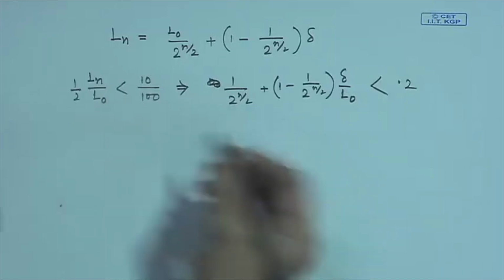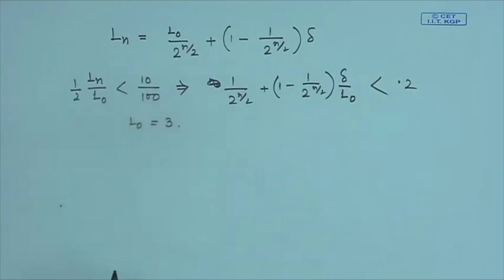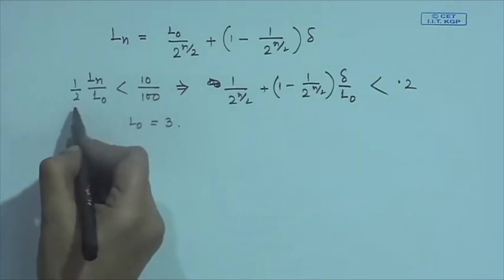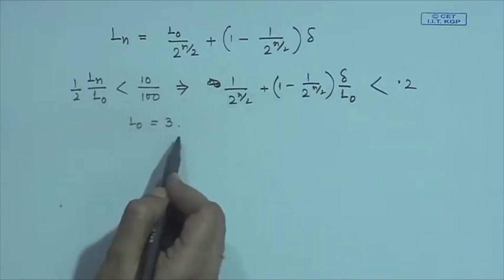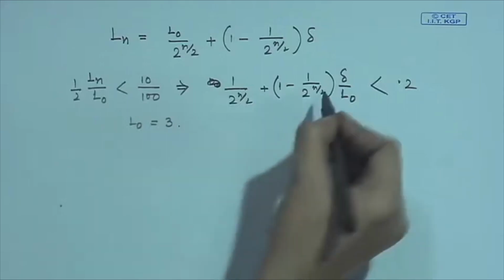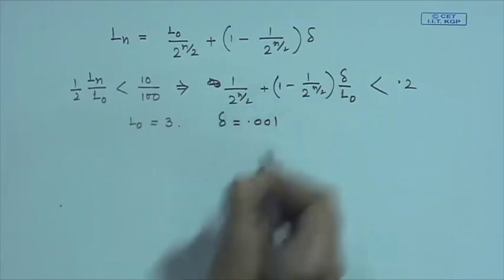For the given example, L naught is equal to 3. No, 2 is there, right? That is why it is coming to 0.2. Now L naught is 3 in my example. Not only that, we were considering delta equal to 0.001.